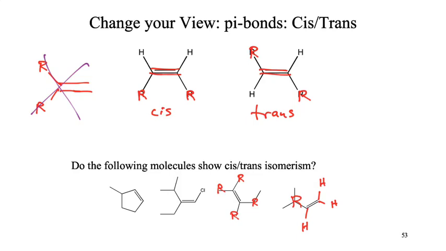This is where cis and trans as a term becomes very tricky. It's the reference of any two groups. How are those two groups oriented around the double bond? Trans. Whoops. How are those two groups? Cis.